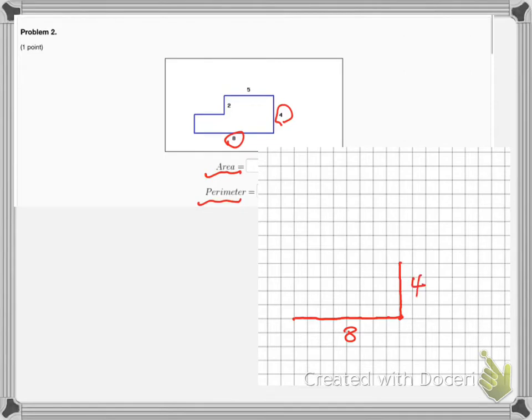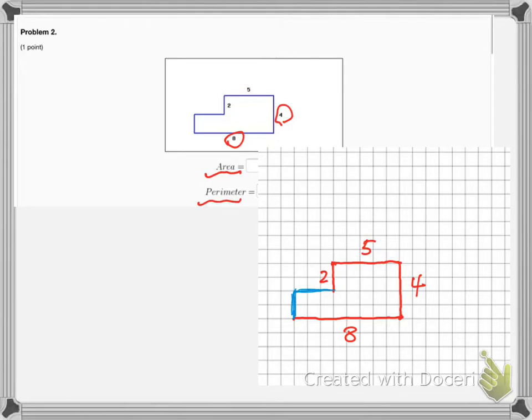Then go left 5: 1, 2, 3, 4, 5. So the top is 5. Go down 2: 1, 2. Let's put 2 outside. Then we turn left and go back to the initial point.